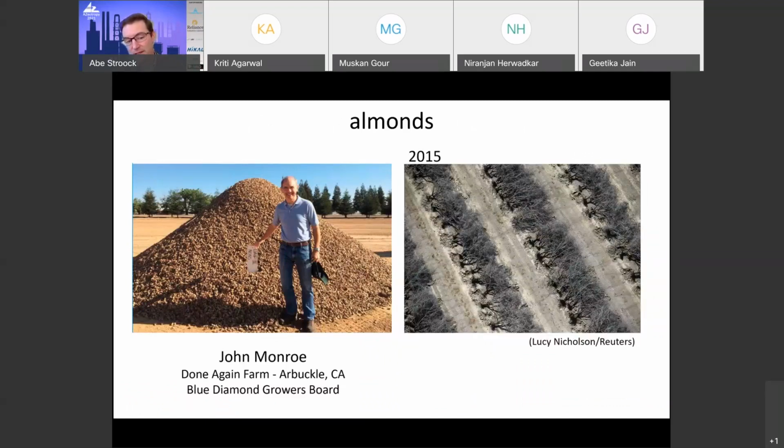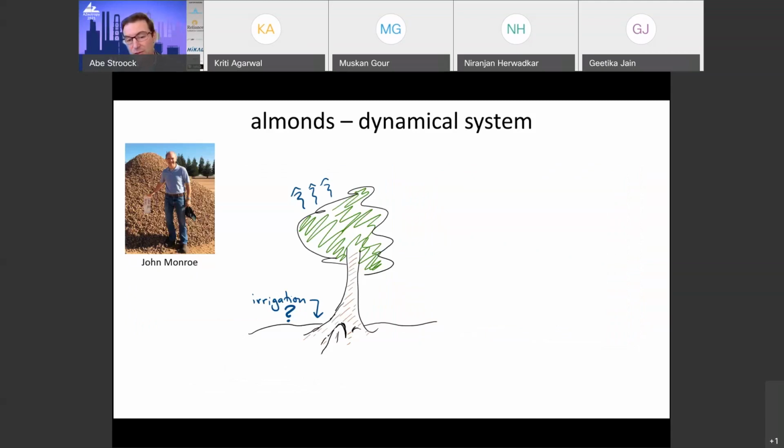And he's owned this farm through what was a devastating drought in Northern California, and understands and invests in the question of how to manage water more efficiently. And so he has this unit operation that he wants to control. He has to understand how this plant is using water so he can make decisions about how to irrigate it.